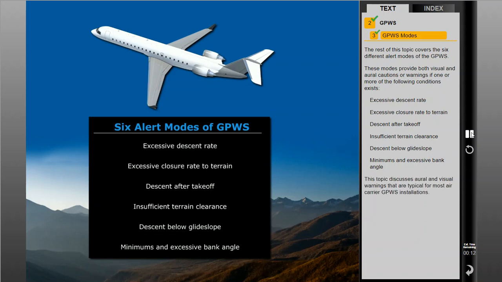This topic discusses aural and visual warnings that are typical for most air carrier GPWS installations. Please consult your manual for specific system information.